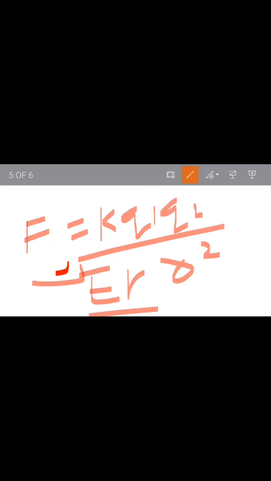Now your equation will be F is equal to k Q1 Q2 upon R square. Here we'll introduce another term, that is ER. Now this ER will help us to find the F in any medium like water, air or glass.